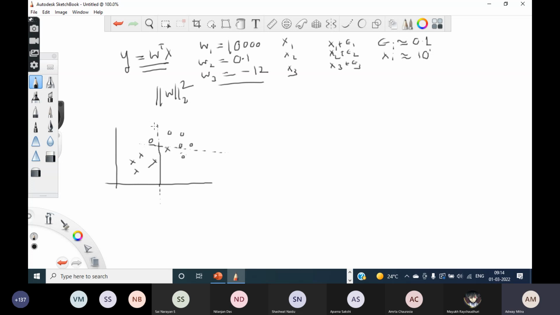For some other choice of W, maybe some other point might be an outlier. So if I choose W like this, then in that case only this is going to be an outlier, and so on.